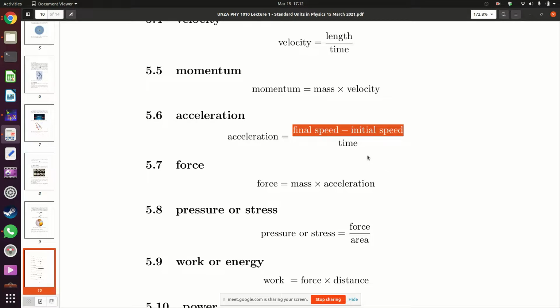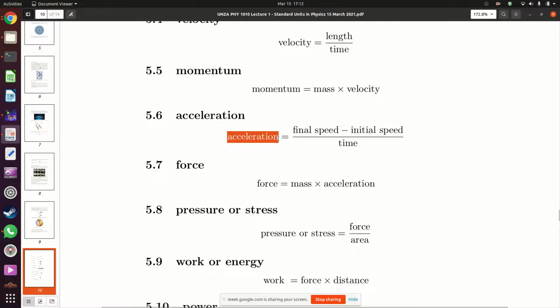Then we divide this change in speed by the time it has taken to carry out this change in speed, and you get what is known as acceleration. Are we clear?